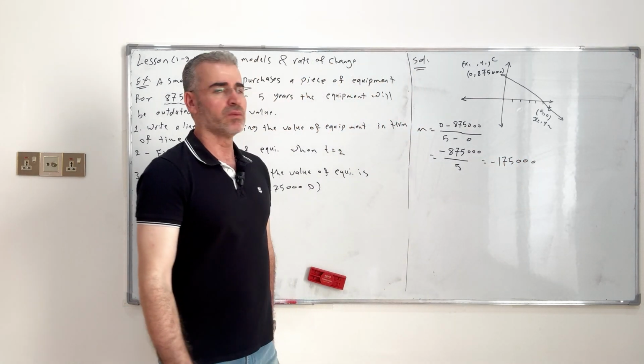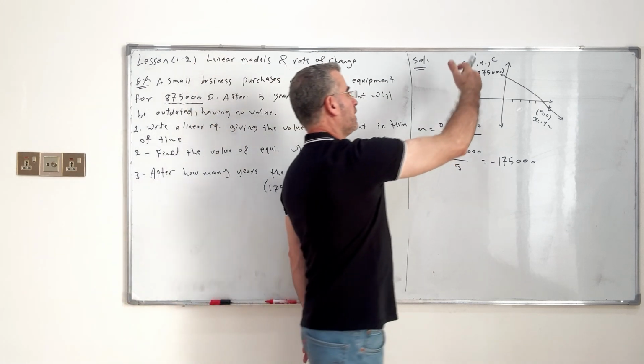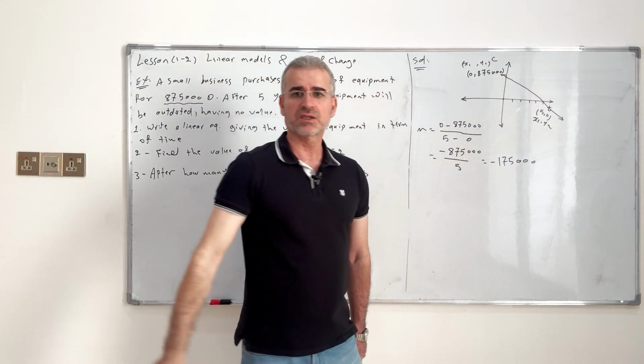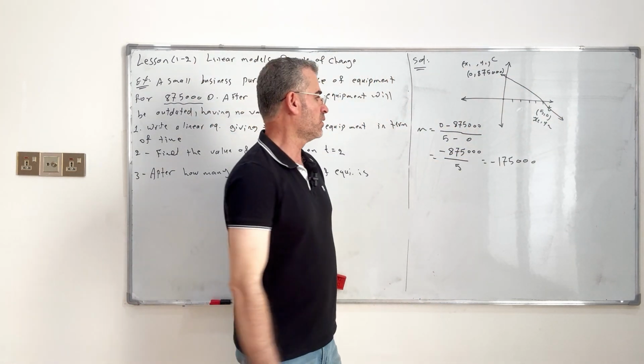This is the slope. I told you before, every line that takes this direction has a negative slope.